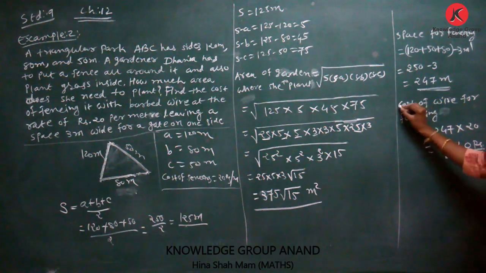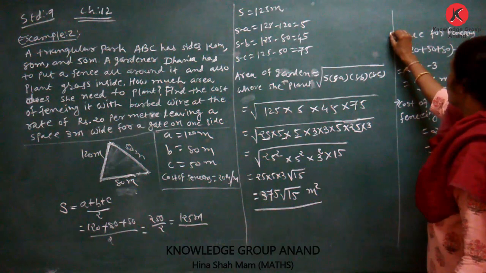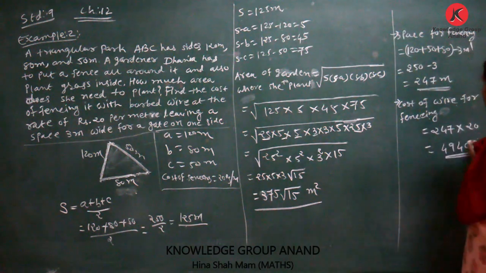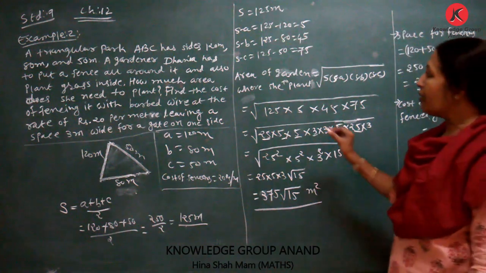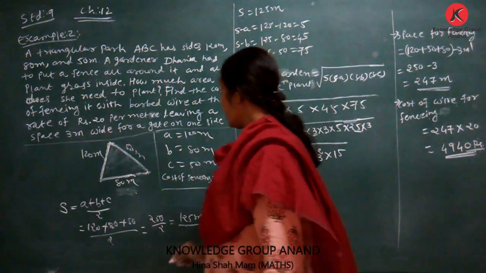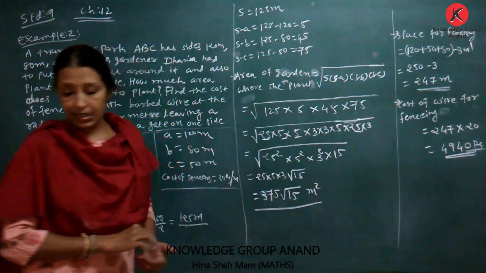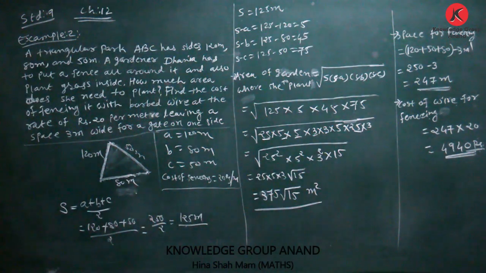The cost of wire for fencing is 247 multiplied by 20, and the answer is 4,940 rupees. Now our example number 2 is completed. Write it down in your notebook.